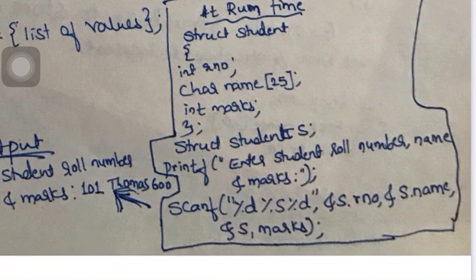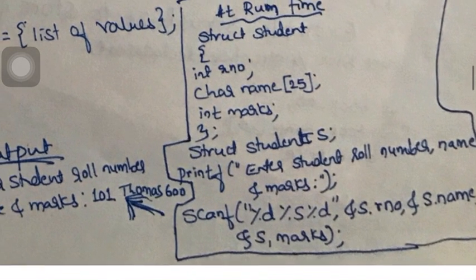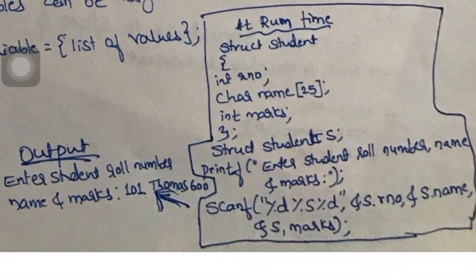Then using the scanf statement we are reading the roll number, that is %d, integer type, then name, string type, and then the marks. This is happening at runtime.